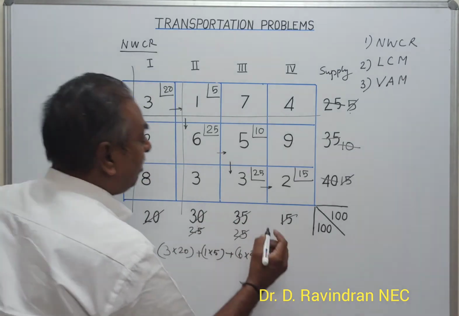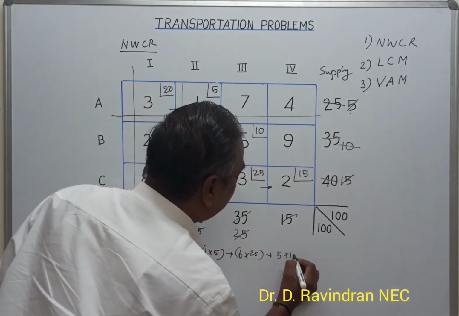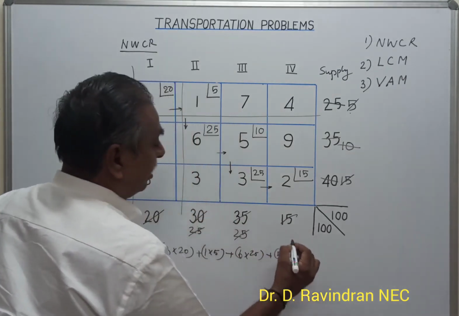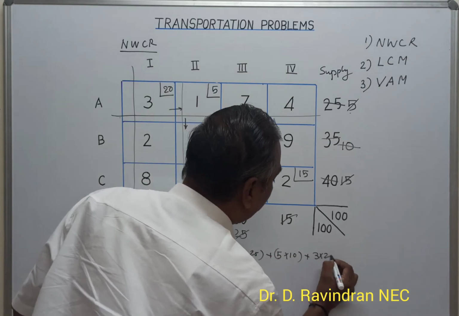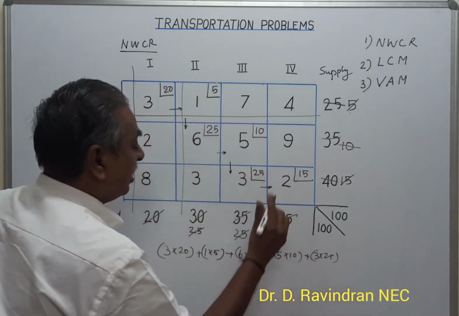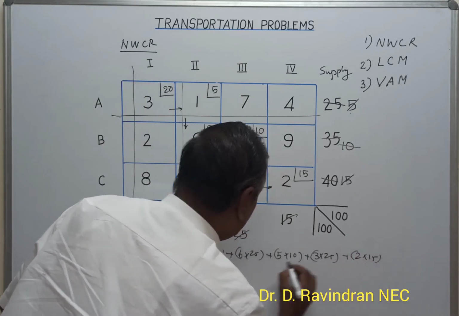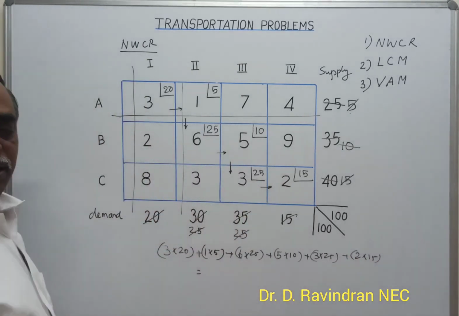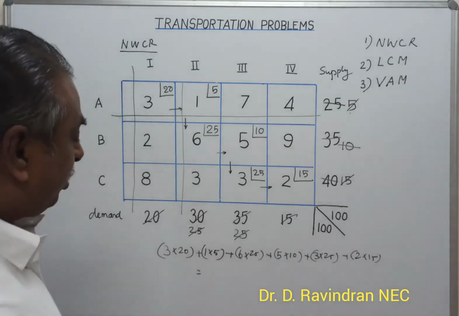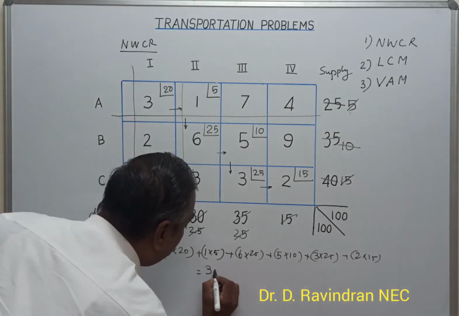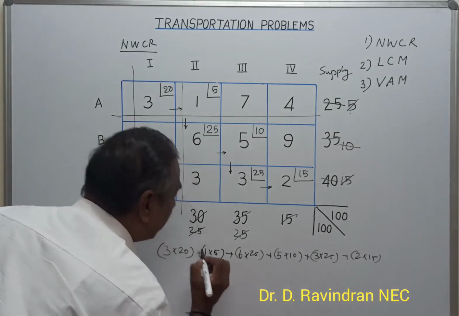For the other cell, 5 into 10. For the next cell, 3 into 25. For the next cell, 2 into 15. When you sum up, you will get the total transportation cost. The total transportation cost in this case will be 380 units.